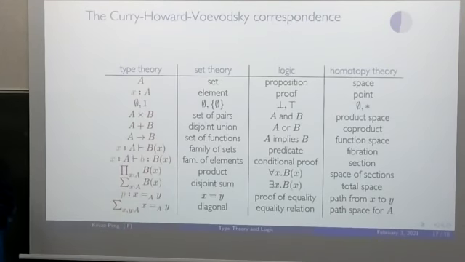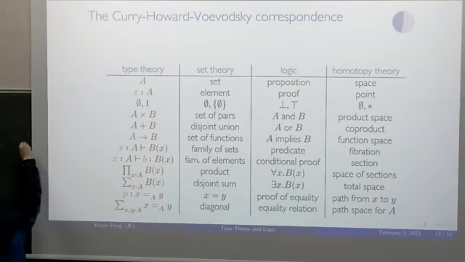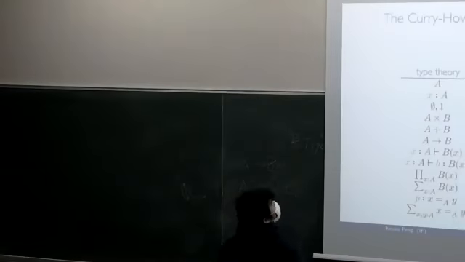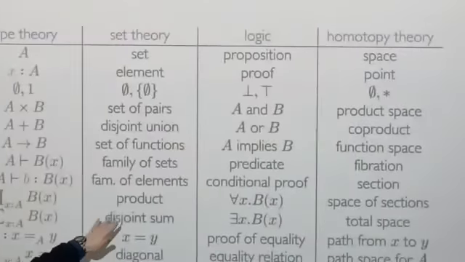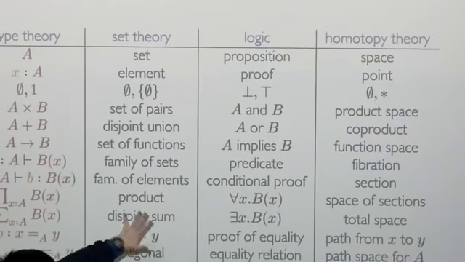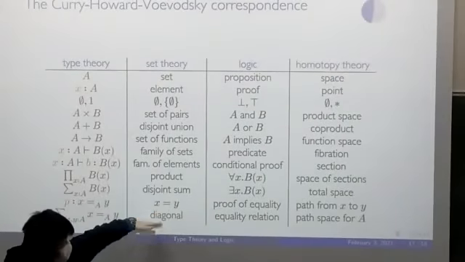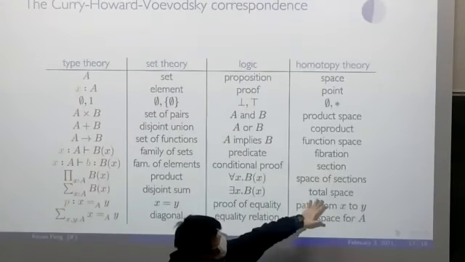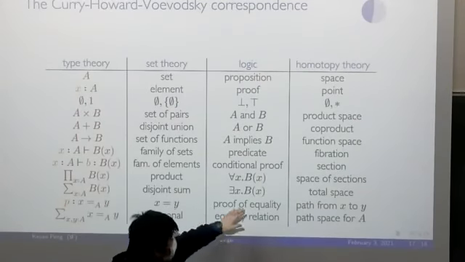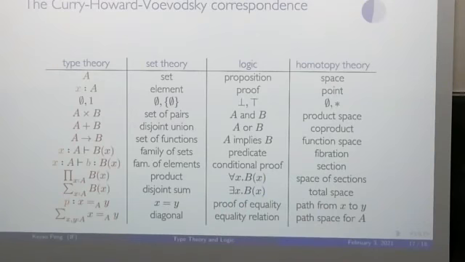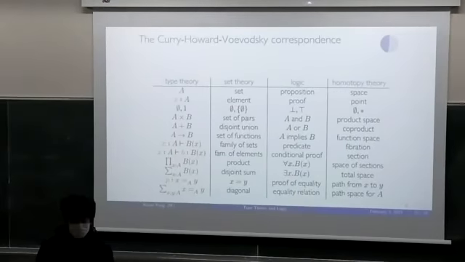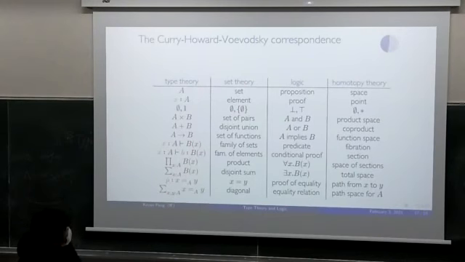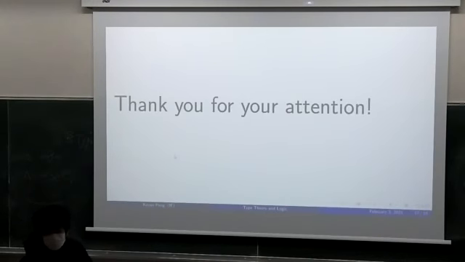This is A to some type, denoted as B, and here is somehow defining a section of this fibration. You can compare all this with set theory for you to understand. And this is the homotopy type theory and geometry project. So this is what I wanted to talk about these two weeks. Thank you. Any questions?